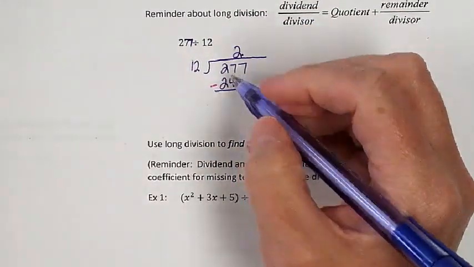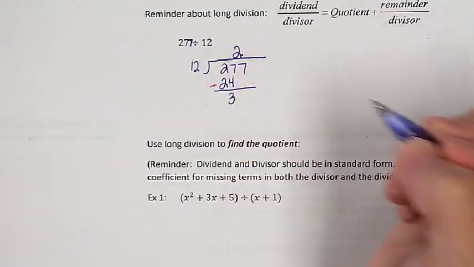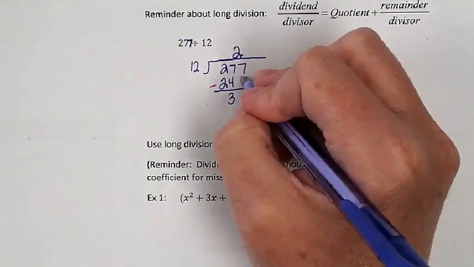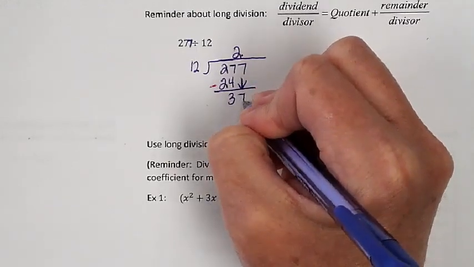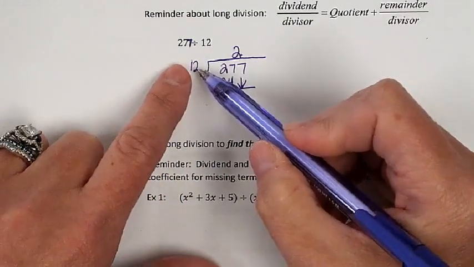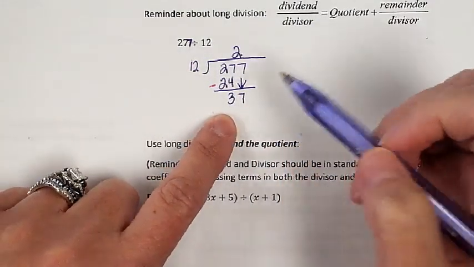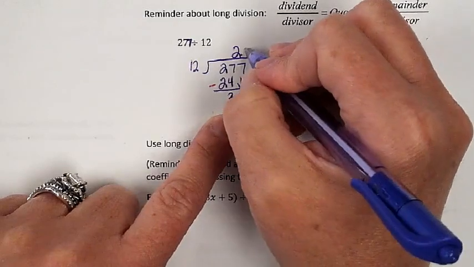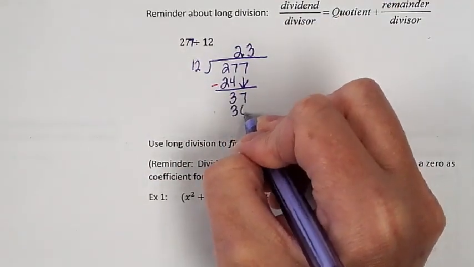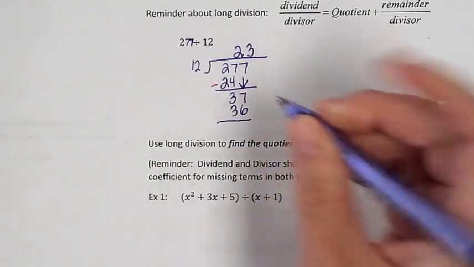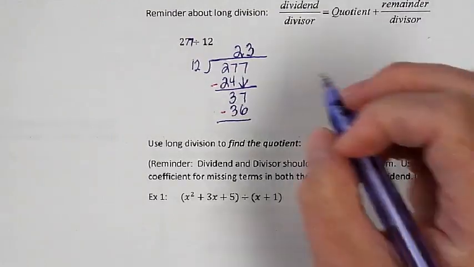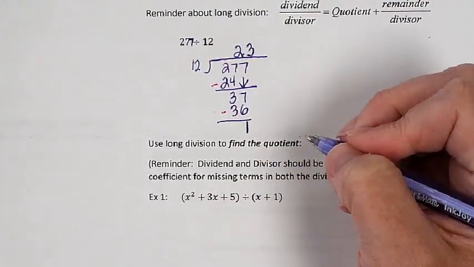So 27 minus 24 is 3. Now we have to bring down the 7. So how many times does 12 go into 37? 3 times. So 3 times 12 is 36. So we need to subtract: 37 minus 36 gives me a 1.